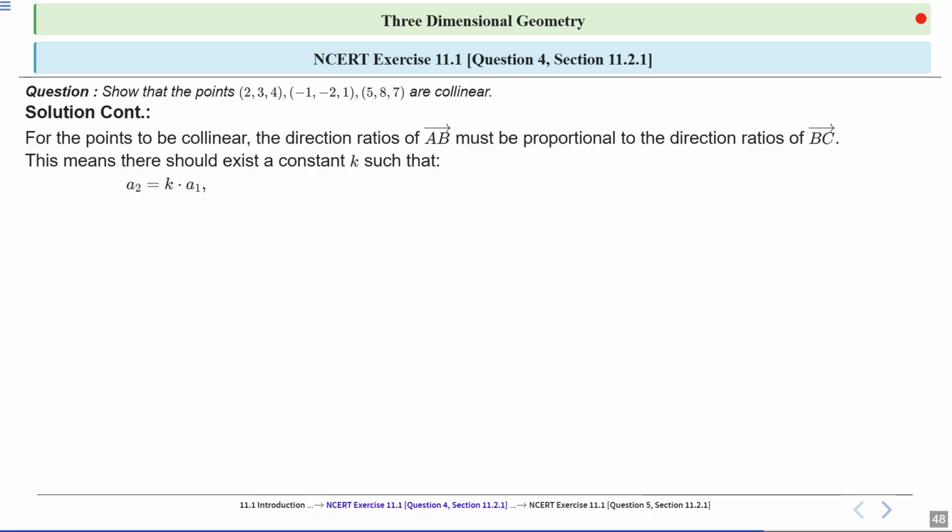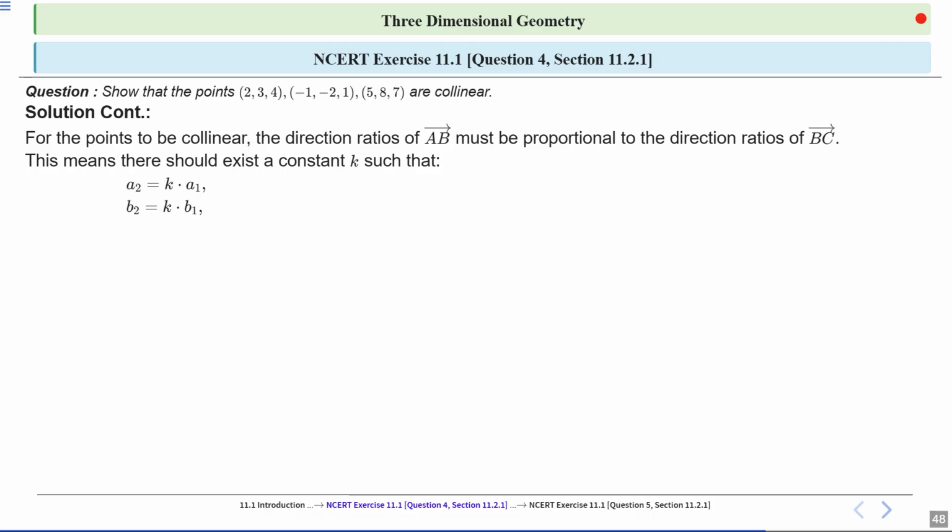So let's write this out for the x component. a2 equals k times a1. Here, a1 is the x component of AB and a2 is the x component of vector BC. So if this equation holds for some value of k, it's our first check for proportionality. Next, for the y component, b2 equals k times b1.